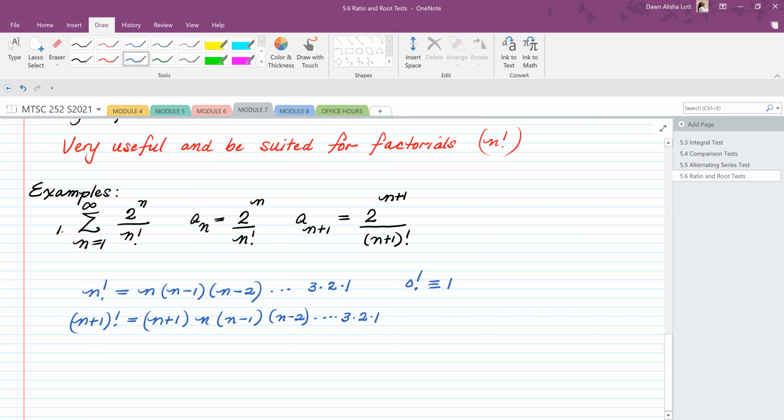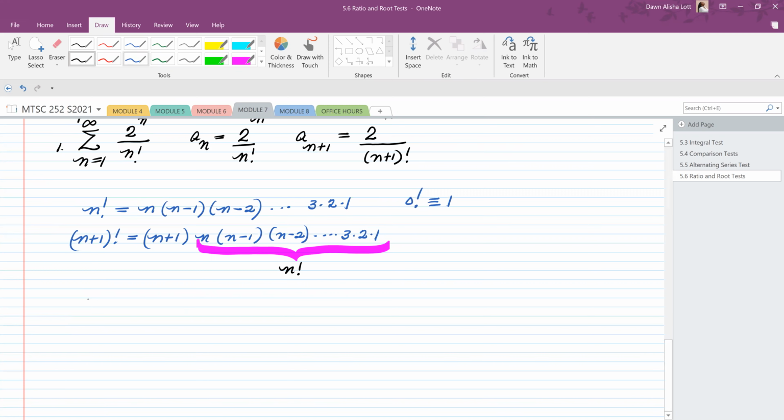And notice that in n plus 1 factorial, we have this piece, and that piece is n factorial. So it is necessarily true that n plus 1 factorial just takes n plus 1 and multiplies by n factorial, because I'm just adding one more term.